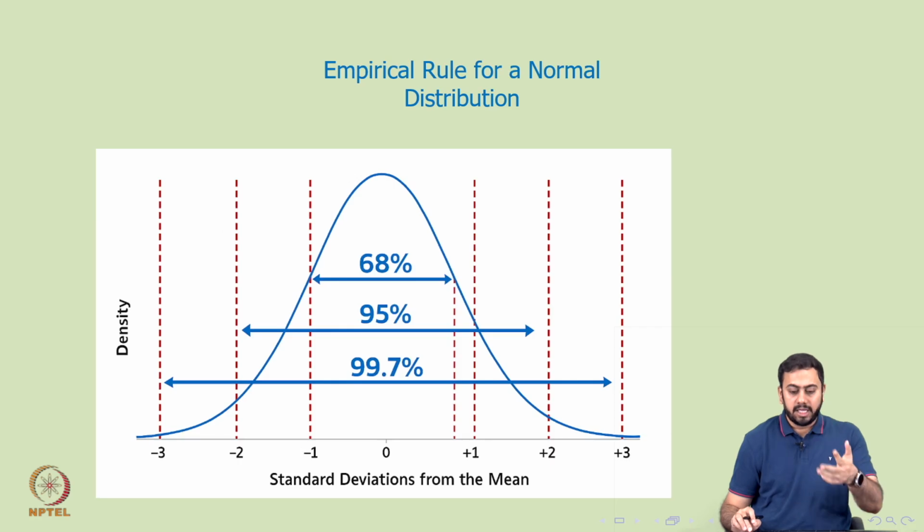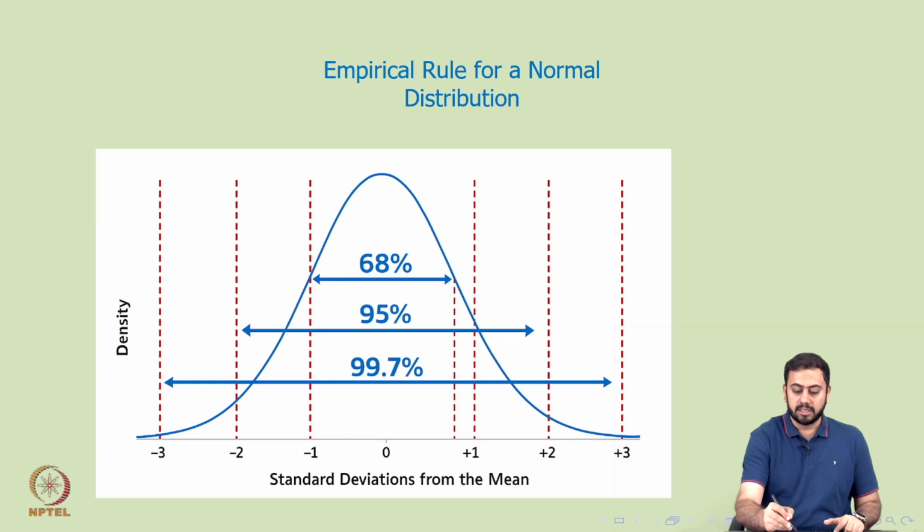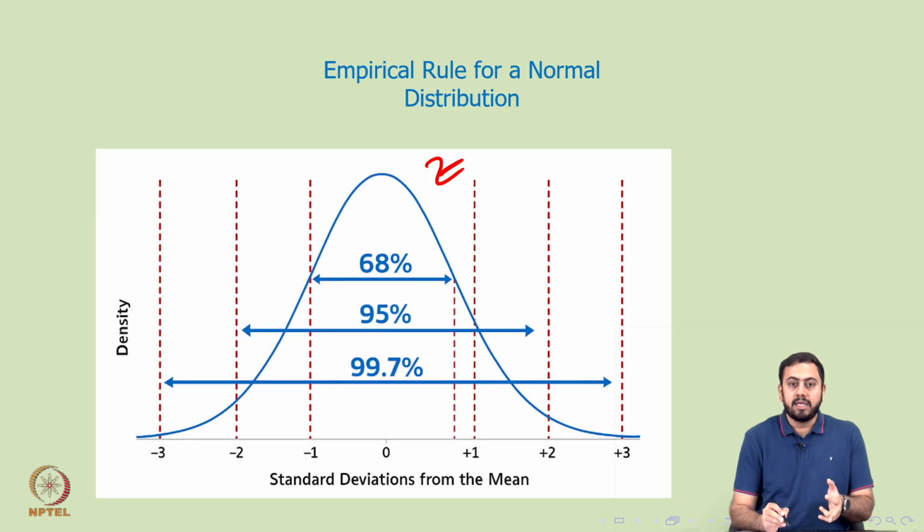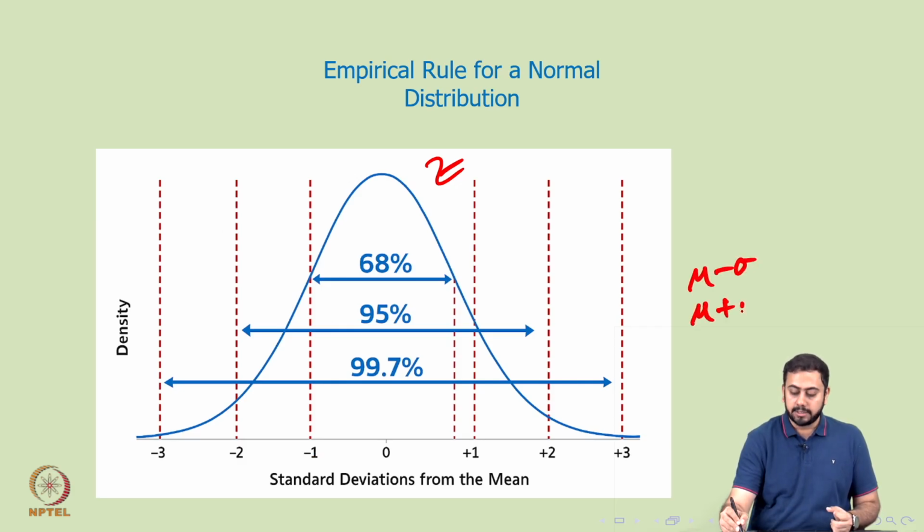Alright, now we will very briefly talk about an important rule called the empirical rule for a normal distribution. What do I mean by the empirical rule? In front of you, you see a standard normal density curve. The important point here is that if you look at the standard deviations from the mean, between mu minus sigma and mu plus sigma, roughly 68% of the data lies.